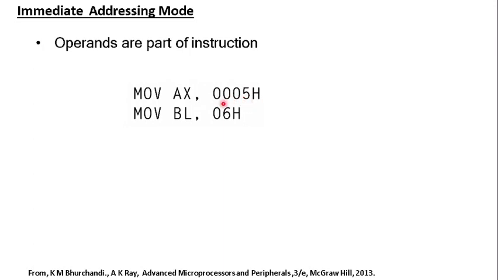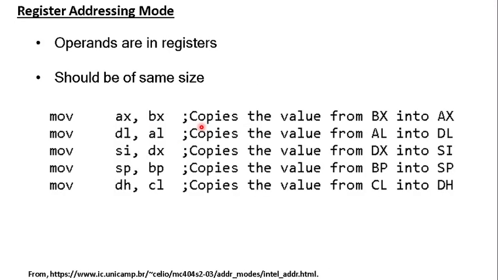It is specified within the instruction itself. Then if you consider this move instruction, you have to move a 1 byte value to BL. Again it is an immediate instruction, or this immediate operand is part of the instruction and it is moved or operated as such.